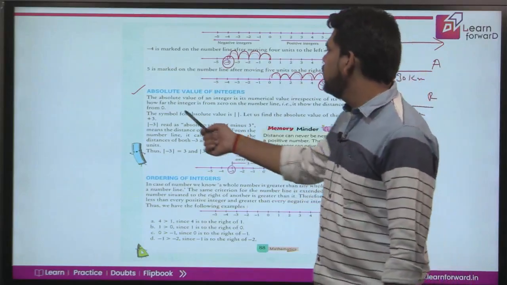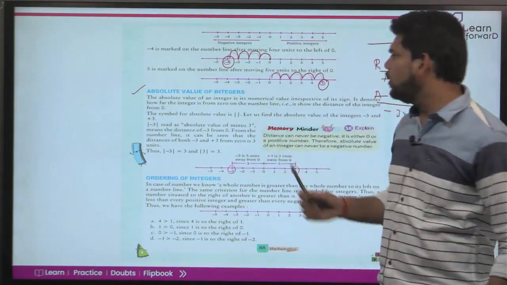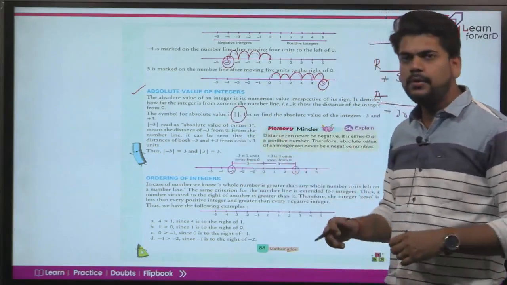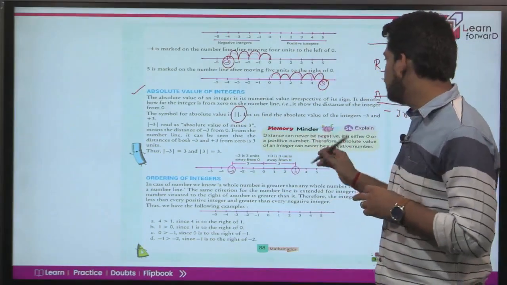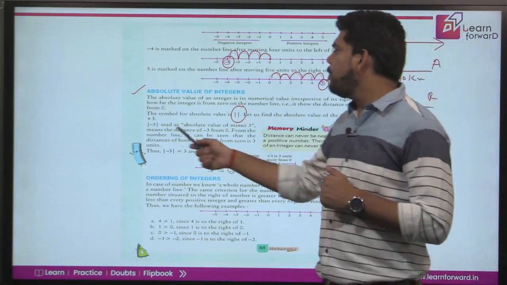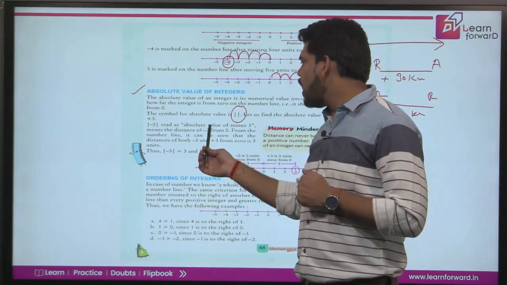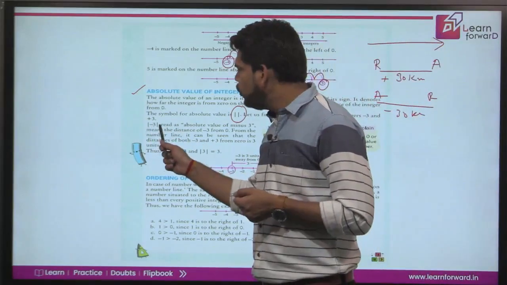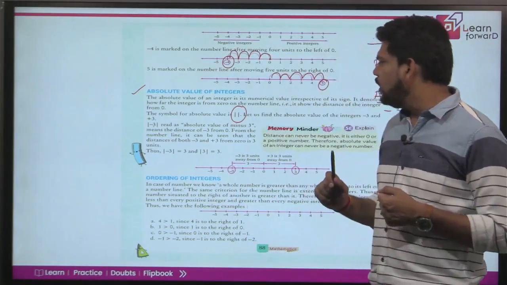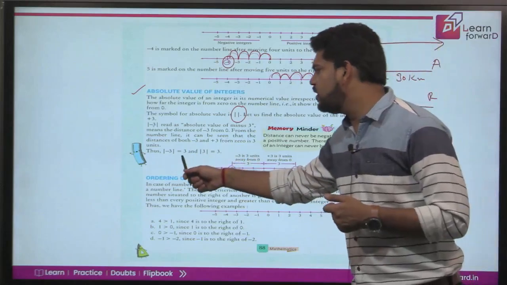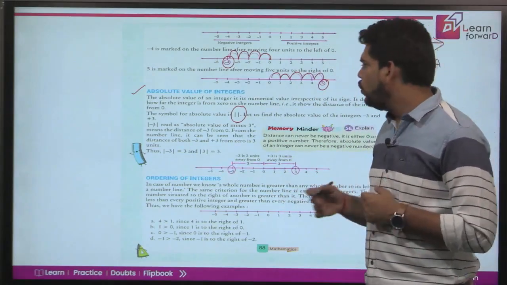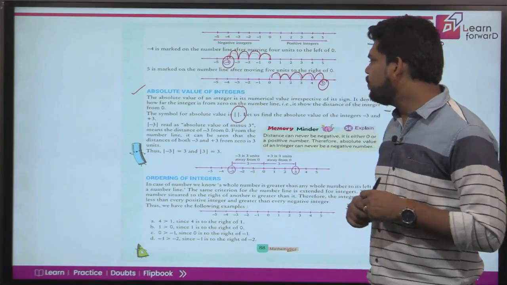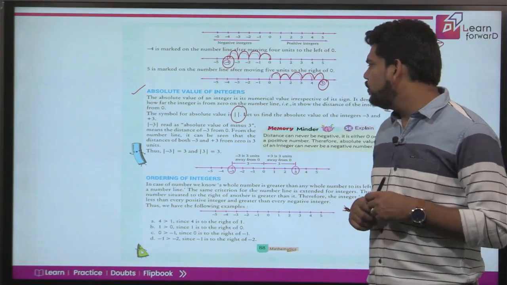Let's suppose the symbol of the absolute is these standing bars. This is the sign of absolute. Whenever the number goes inside it, let's suppose -3, it is read as absolute value of -3, and the answer is 3. We can read this also: the distance of -3 from 0 on the number line.